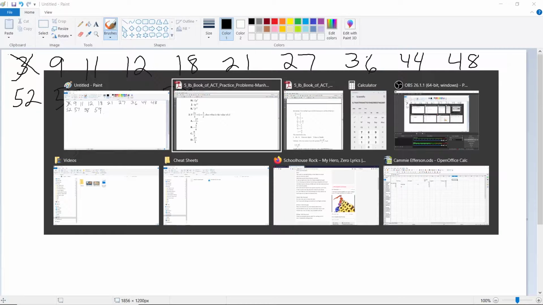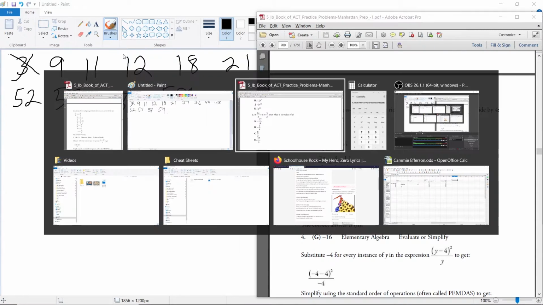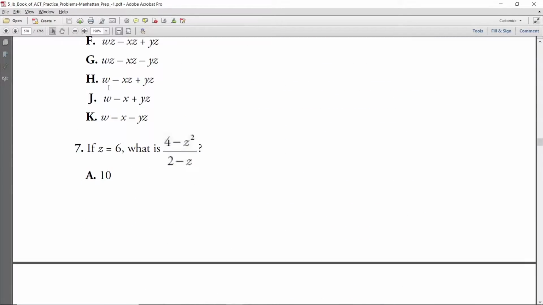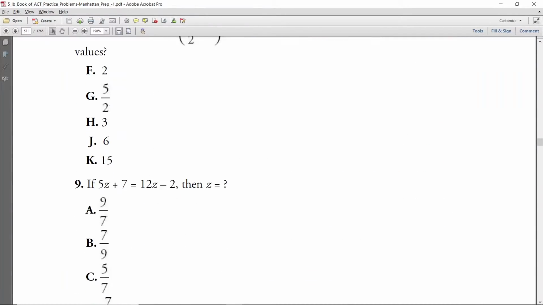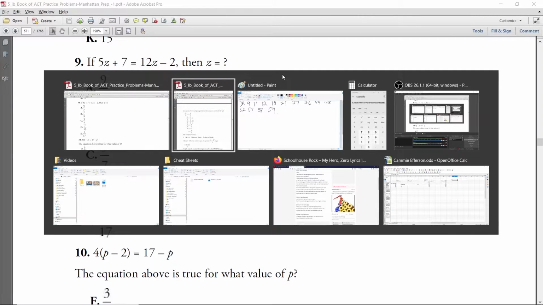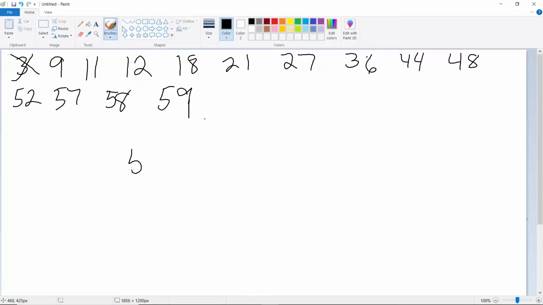All right. Number 9. Let me find number 9. 5z plus 7 equals 12z minus 2.